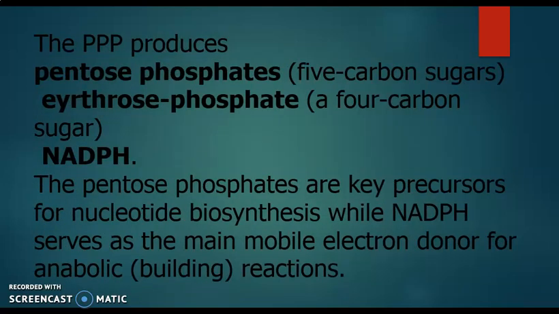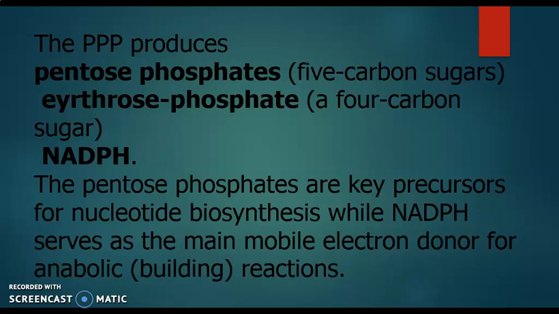The PPP, the pentose phosphate pathway, produces pentose phosphates, that is 5-carbon sugar, erythrose phosphate, which is a 4-carbon sugar, and NADPH. Apart from the 5-carbon sugar, a 4-carbon sugar is also produced, as well as the intermediate NADPH.